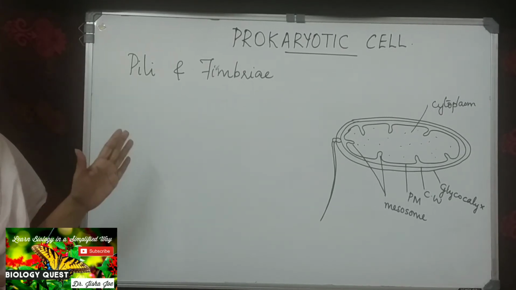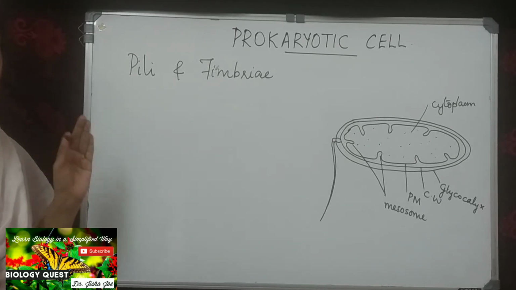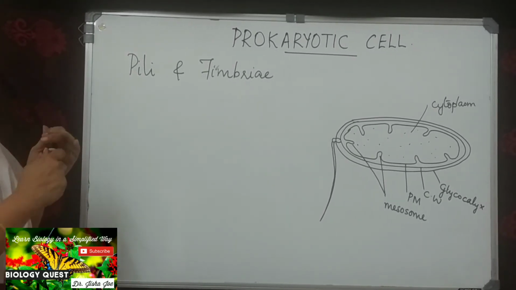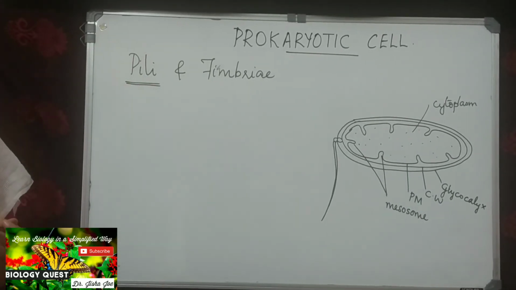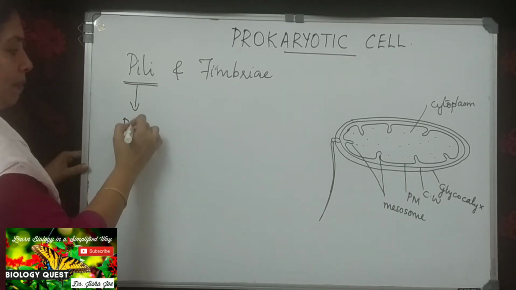They are not concerned with motility, so these structures are present in both motile and non-motile forms of bacterium. Pili are elongated tubular structures, and they are made of a protein called pilin.